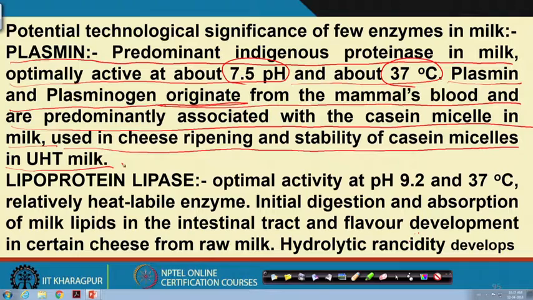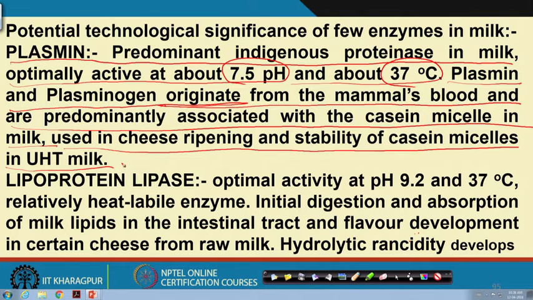So plasmin helps to develop this, and it comes from the mammal's blood and is associated with the casein micelle, right.